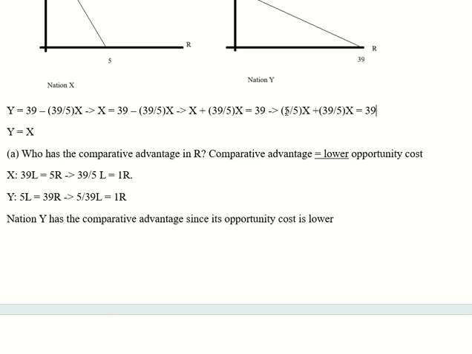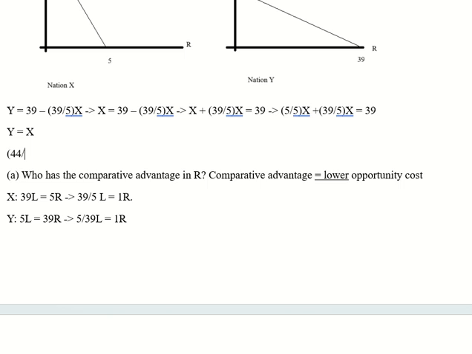So 5 over 5 plus 39 over 5 is going to be 44 over 5. Last step, multiply both sides by 5 over 44. And we get that X is going to be 39 times 5 over 44. And 39 times 5 should be 195.